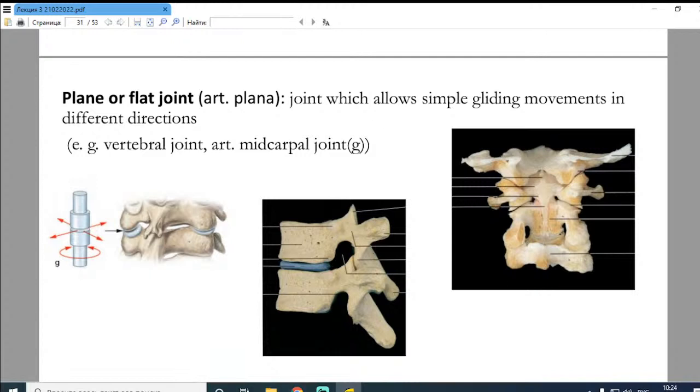This is a thoracic section, a plain joint between the inferior and superior articular processes. Superior and inferior.